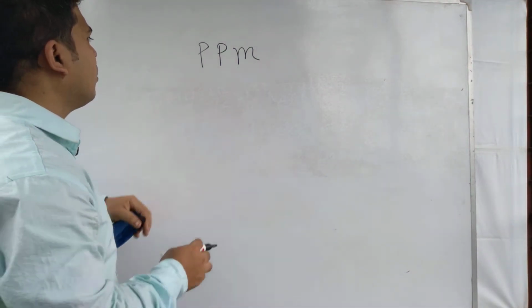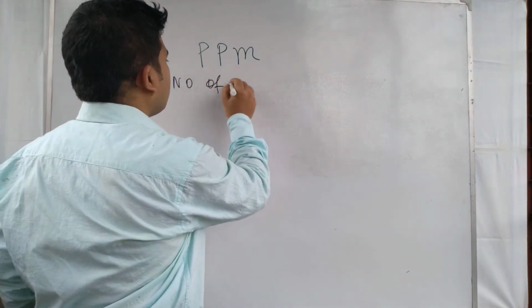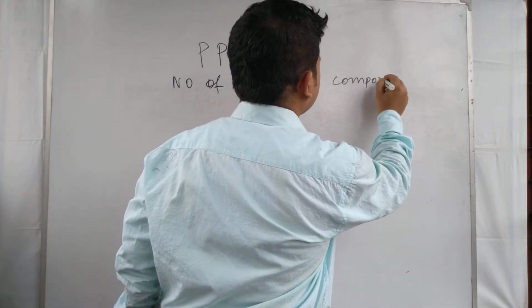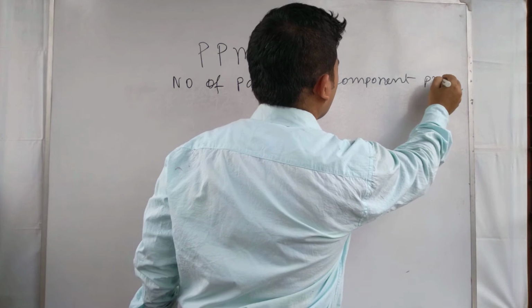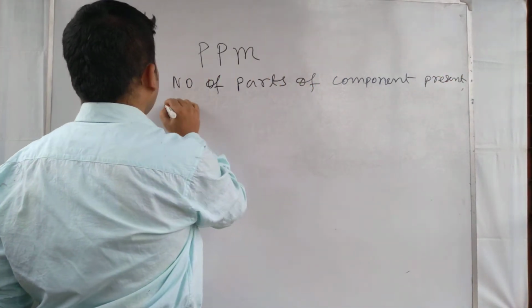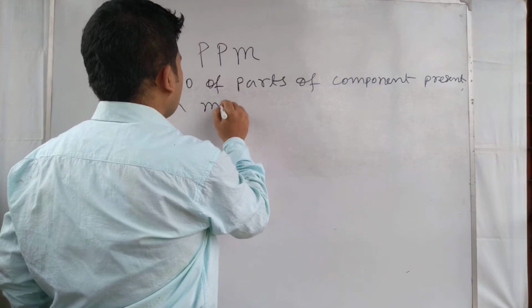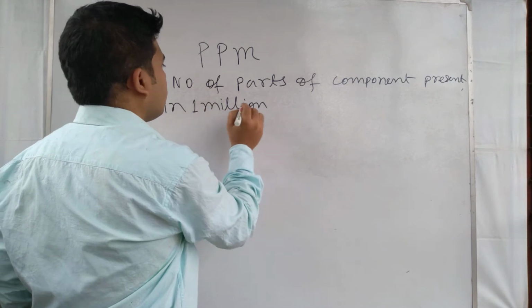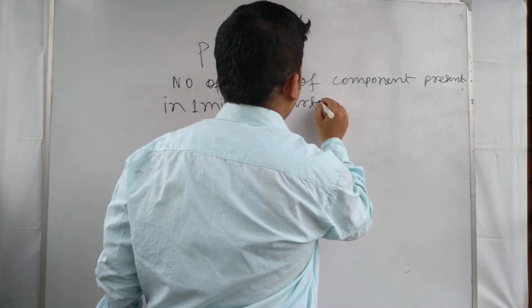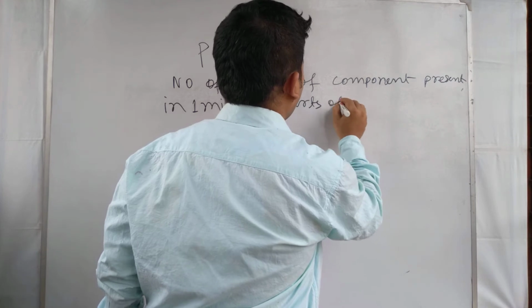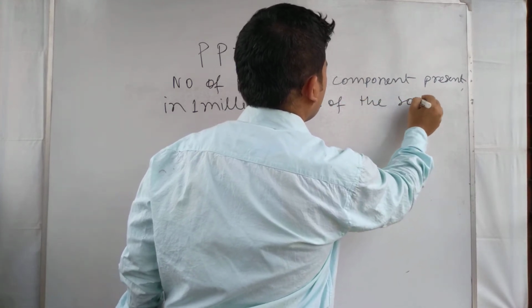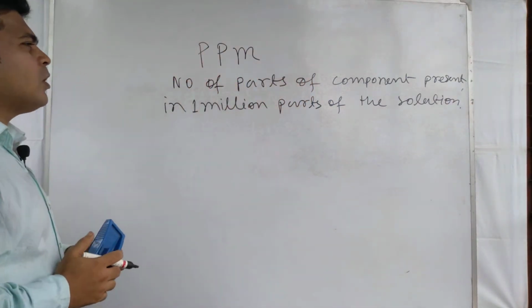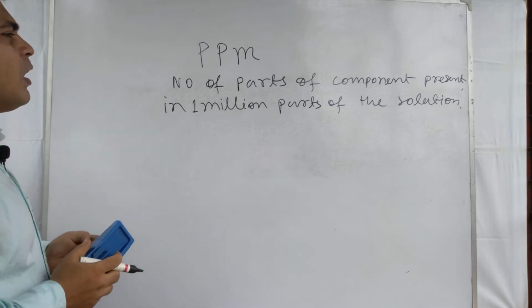It is defined as the number of parts of the component present in 1 million parts of the solution.